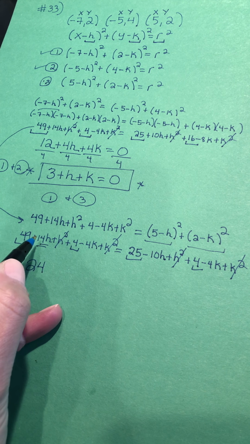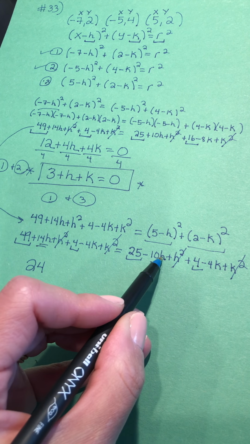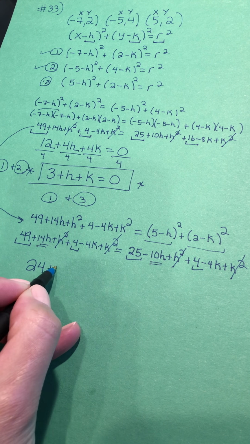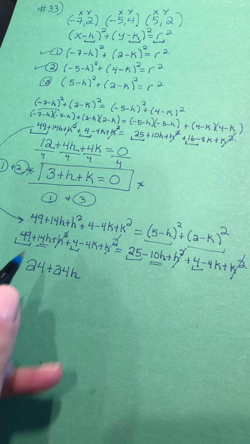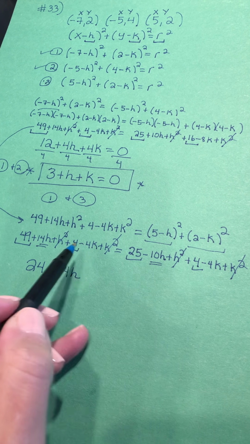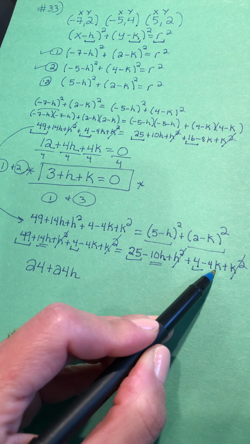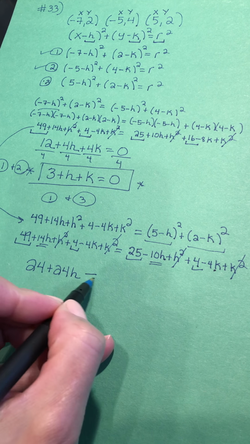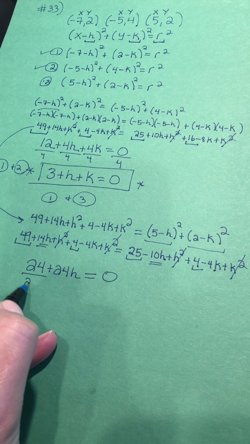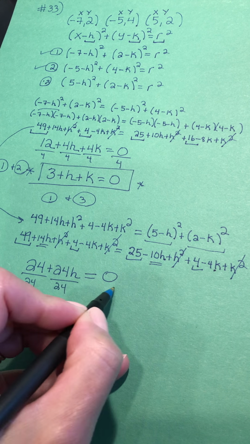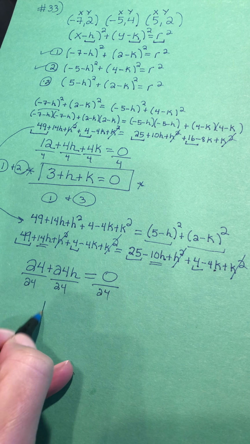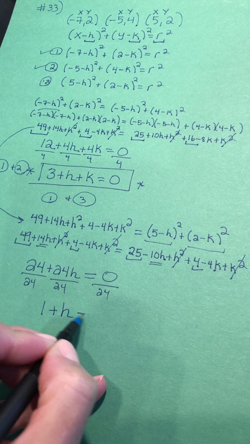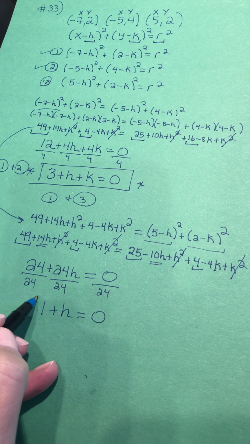So I have 14h here, I have negative 10 here. If I add the negative 10, I'm going to get positive 24h. And then finally, the k's, it's kind of interesting. The negative 4k and the negative 4k will actually cancel. And again, to make this easy, I'm dividing every term by 24. This is totally legal and a good idea. So this is actually pretty easy now.